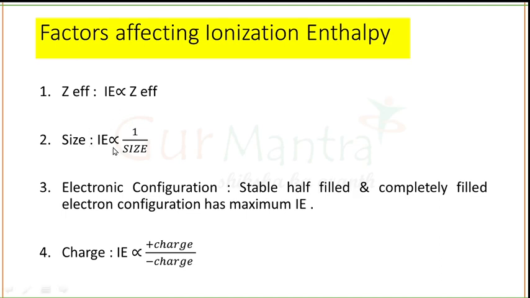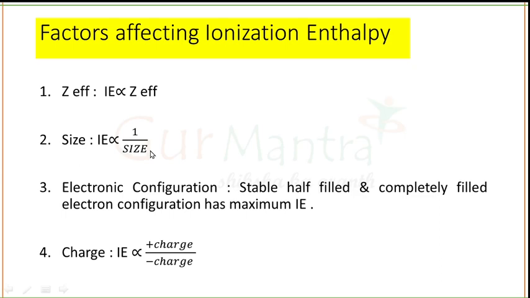Second point is ionization enthalpy is inversely proportional to size, or proportional to 1 upon size, which means, as you know, Z effective is inversely proportional to size. That's why ionization energy is inversely proportional to size. Means as you increase the size, ionization enthalpy will decrease.